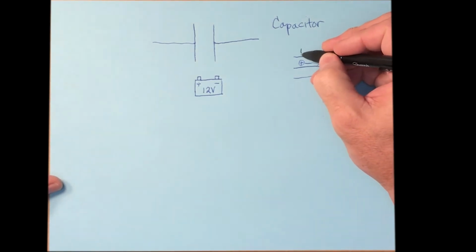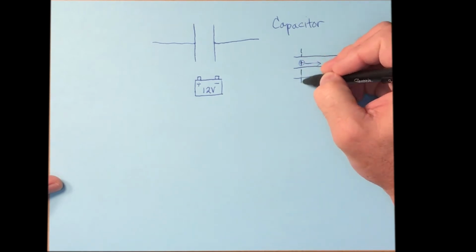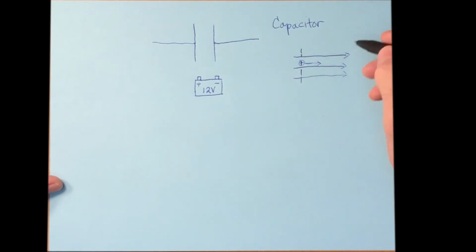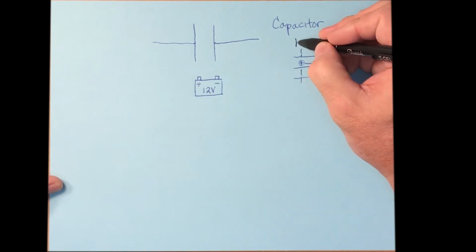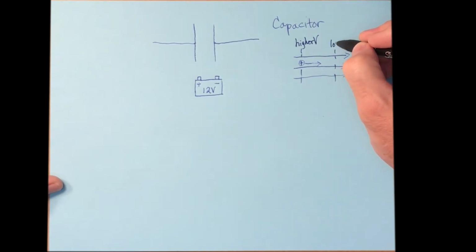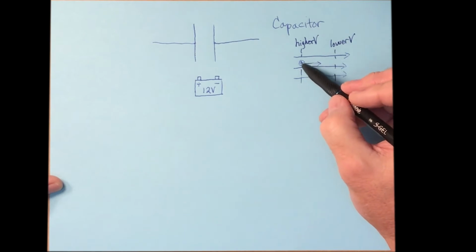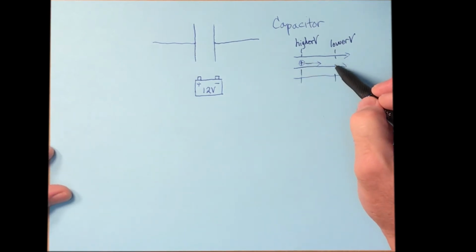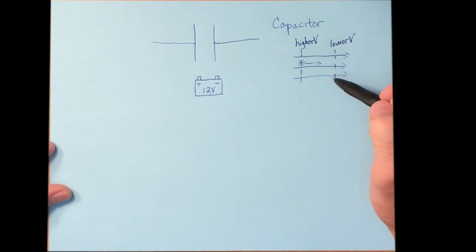And we have discussed how if you have an equipotential surface, that would be a plane in this case, and here's another equipotential surface, then this is the higher potential and this is the lower potential. So a positive charge will move from the higher to the lower potential, and it just does that naturally.